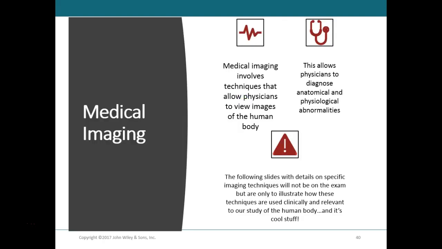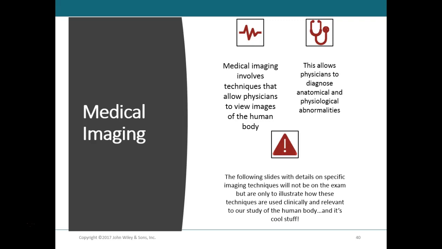All right, so from here, I'm simply going to rush through some slides because I wanted you to have access to see this, because it's not in your textbook. Medical imaging is used to give physicians and clinicians a view inside the human body without having to use invasive procedures such as surgery.